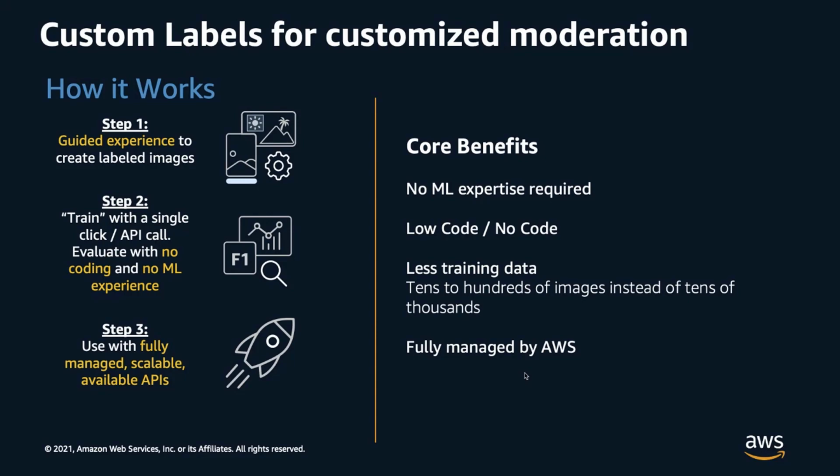If the model is not up to the mark, you can always come back, add more data and keep iterating on it. So custom labels offers a lot of flexibility for defining your own classes and moderating to your own requirements, when the obvious classes like nudity or violence are not the only ones you're looking for.